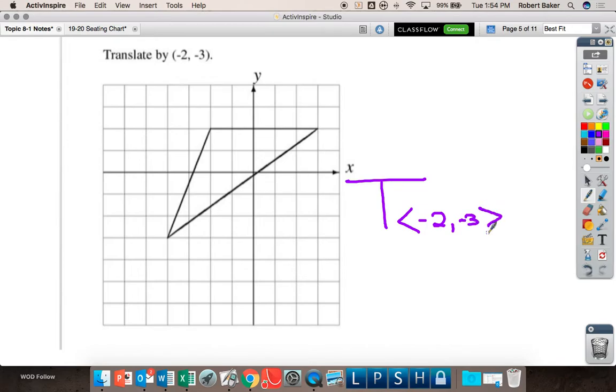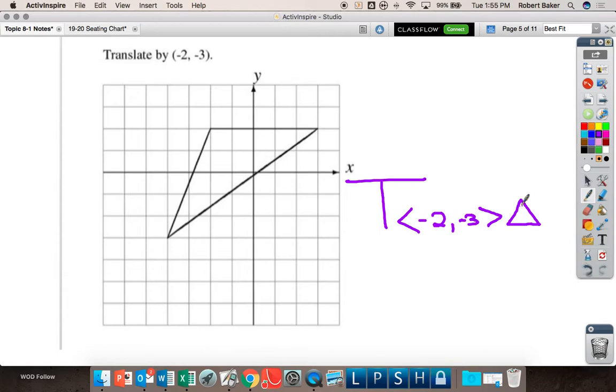And what are we translating? One point? Because you can't do it all by that. I can do all of them. What shape am I translating? A, B, C. What's it called? Triangle. So I'm just going to say I'm about to move this triangle -2 and -3.